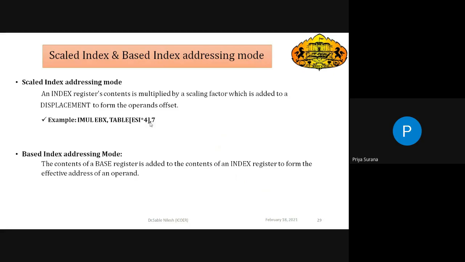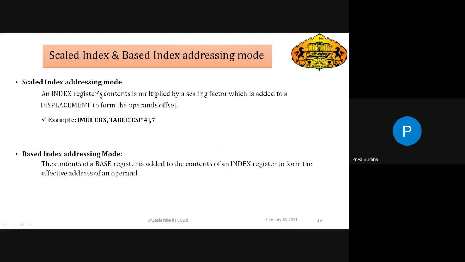For this source operand, the variable as well as the index register and scaling value are used for calculation of the memory location from where data will be taken for this instruction execution. So it is called scale index addressing mode.